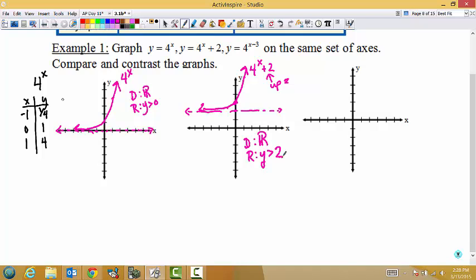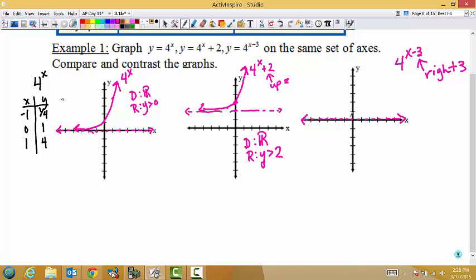And then I've got 4 to the x minus 3. What is that going to do to my original graph? It's going to move it right 3. And this is the compare and contrast the graphs part. So if I move my original graph to the right 3, my asymptote is going to be in the same place.